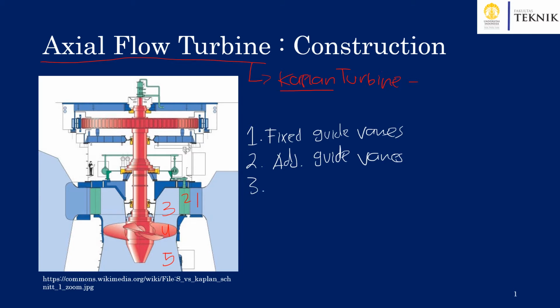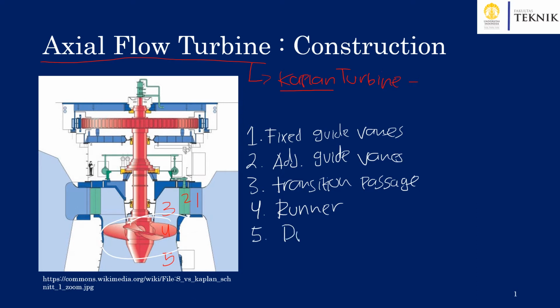The third part is the transition passage. The fourth one is the runner or the blade itself. So the blade itself looks like a propeller here. And the last part is the draft tube.